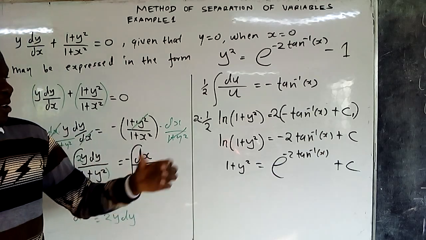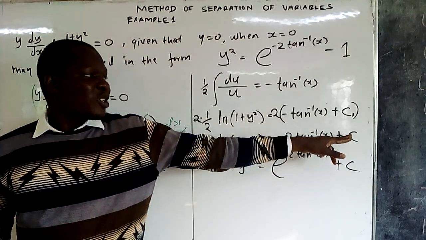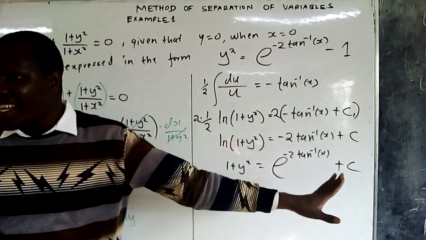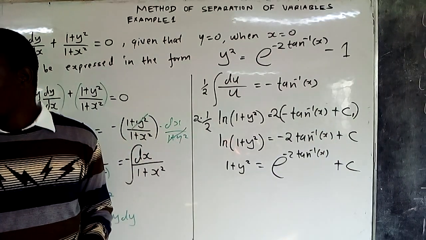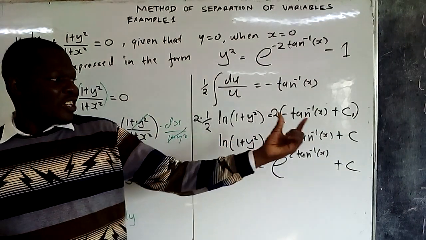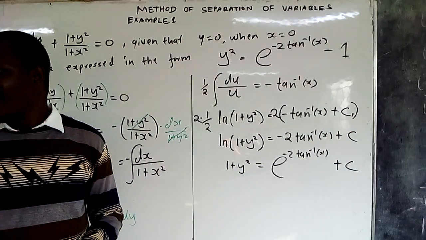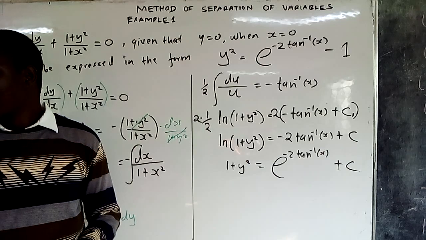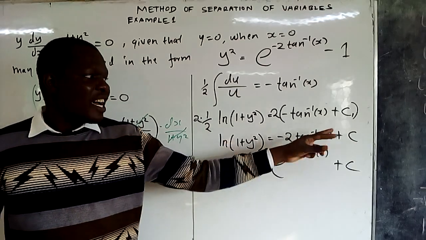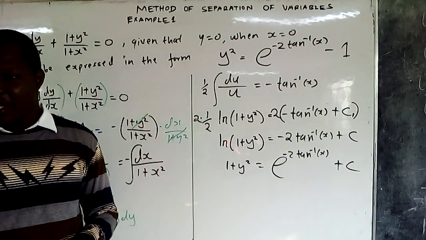If here was ln and here was ln, then the constant would have been ln of c, because everything is a Napierian logarithm. If it was an exponential function, then the constant must also be exponential c. If here was tan inverse and here tan inverse, then c must also be tan inverse of c.